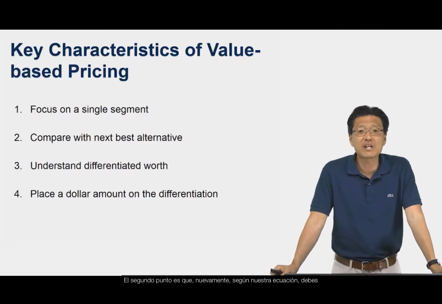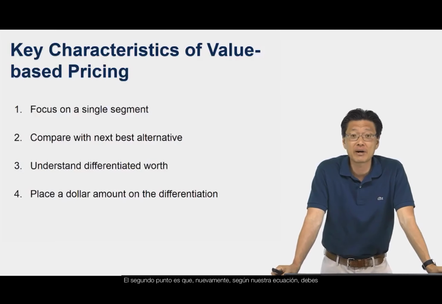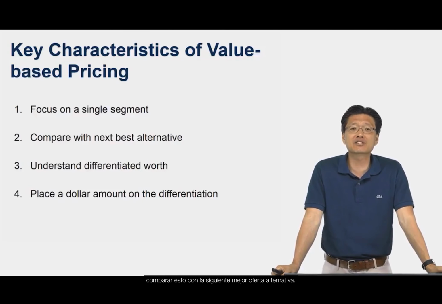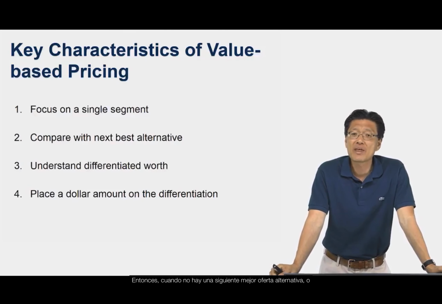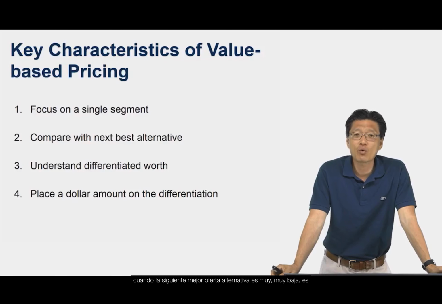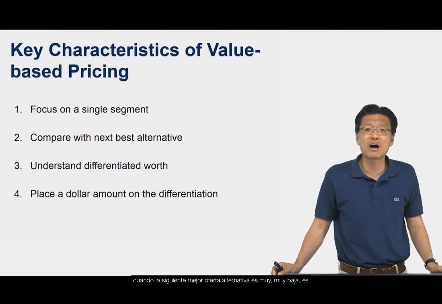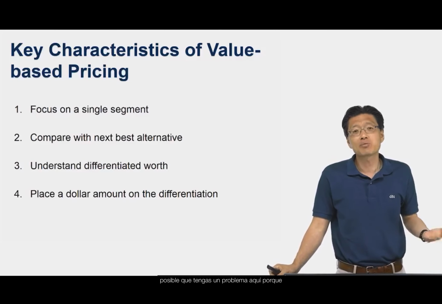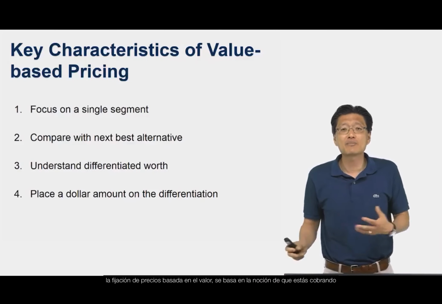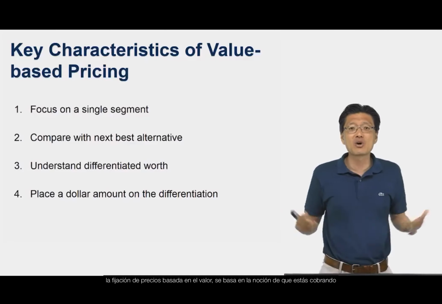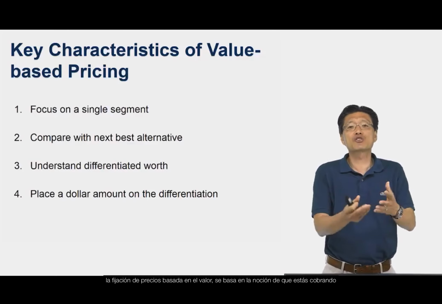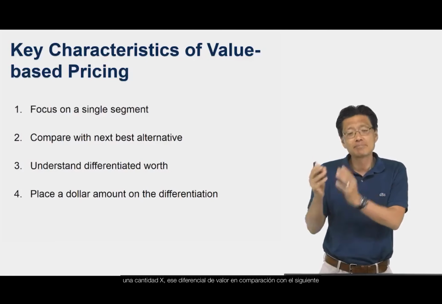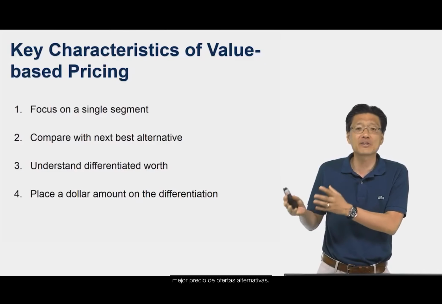The second point is that, again, based on our equation, you have to compare this with the next best alternative offering. So when there is no next best alternative offering, or when the next best alternative offering is very, very low, then you may have a problem here, because value-based pricing builds on the notion that you are charging an X amount, that value differential, compared to the next best alternative offering's price.